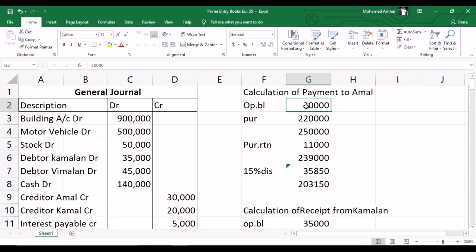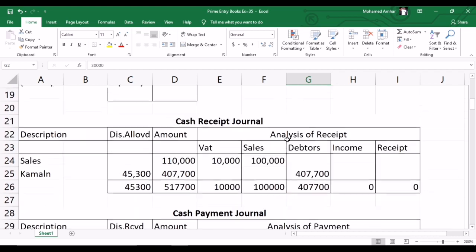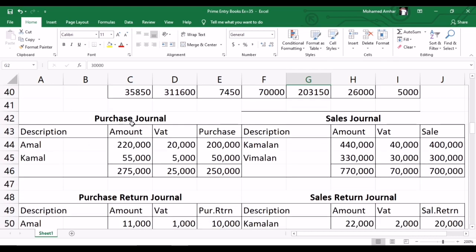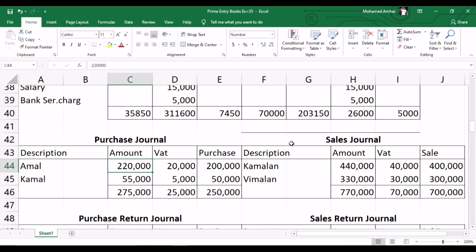Then you check whether the business has purchased from Amal. Where will you check that? If you go through the purchase journal, you can find it. Here in the purchase journal, here purchase 220,000.